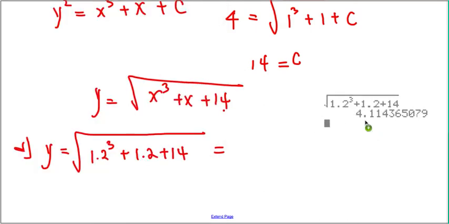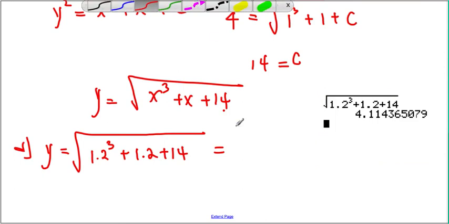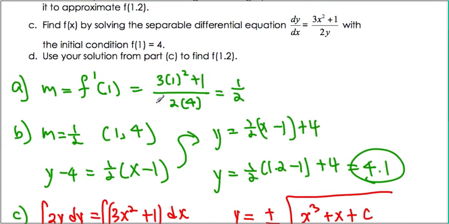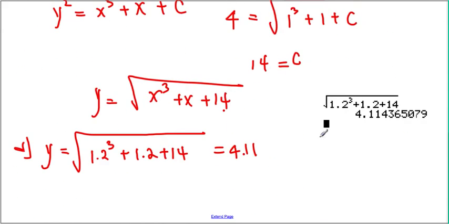Then we realize that the value was 4.11. And this value is very close to our guess earlier.